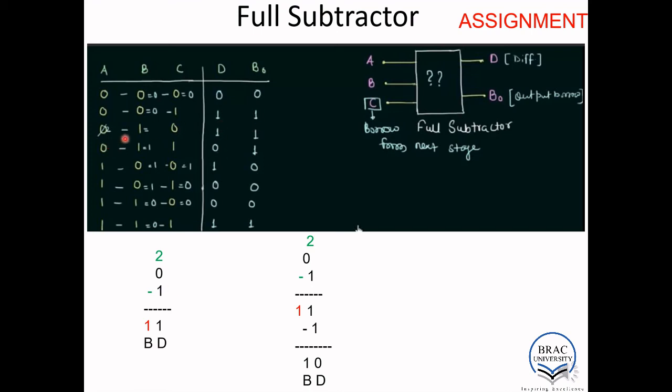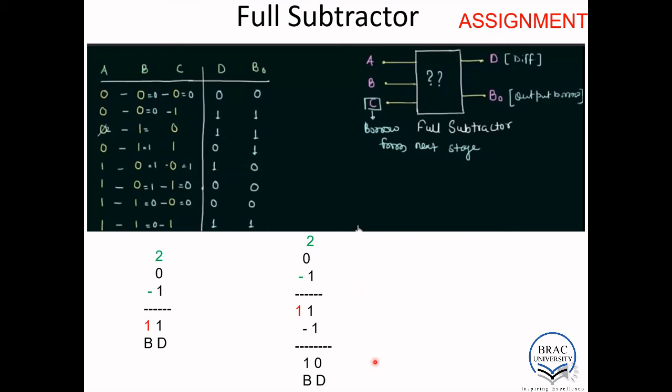Again, 0 minus 1, so it will be 1. Then 0 minus 1, then minus 1 again. So the output becomes 1 0. So D is 1 and B is 0.